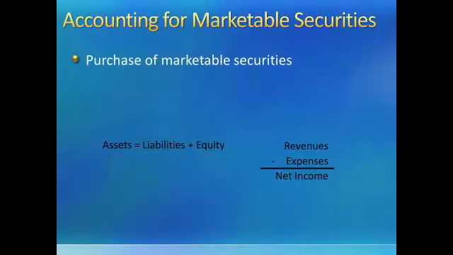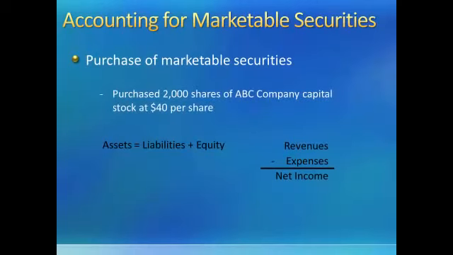When we account for the marketable security, we begin with the purchase of marketable securities. We have an example. We purchased 2,000 shares of ABC Company capital stock at $40 per share. Here, we're paying cash and we're receiving capital stock of ABC Company.